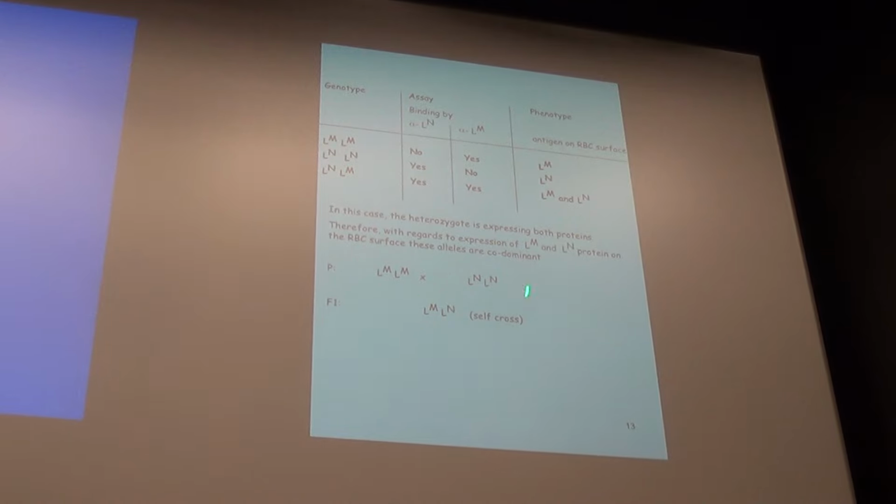You can take an individual that's LM-LN, cross to another individual that's LM-LN, and you will get individuals that are LM-LM, LM-LN, and LN-LN. And the ratio of this will also be 1:2:1. So it will look like the incomplete dominance ratio, basically. The only difference is that the phenotype is codominant, not incomplete.